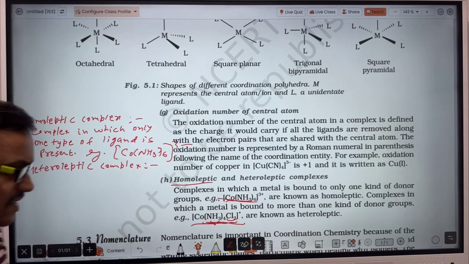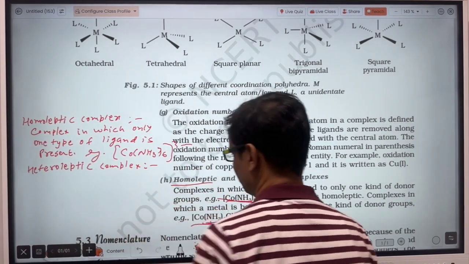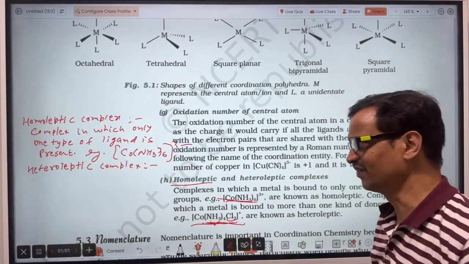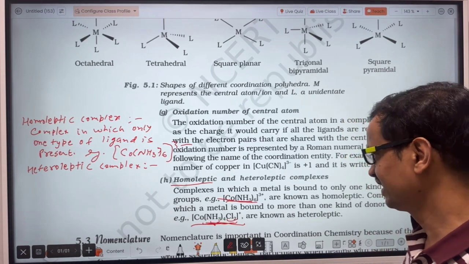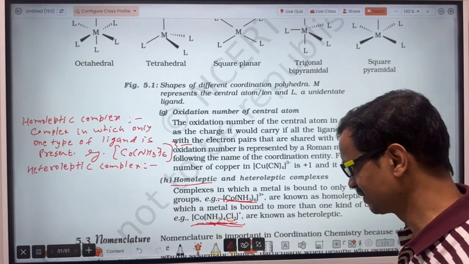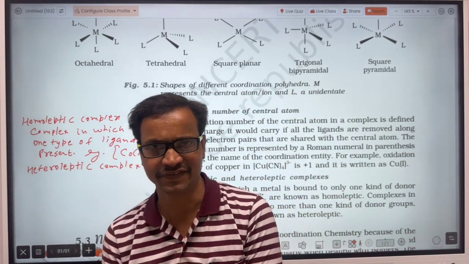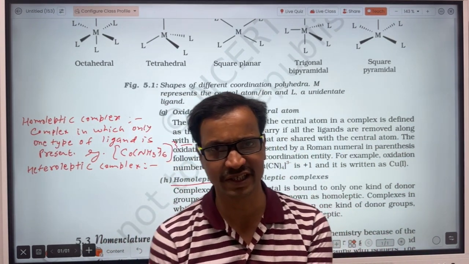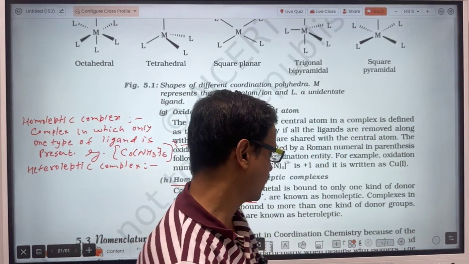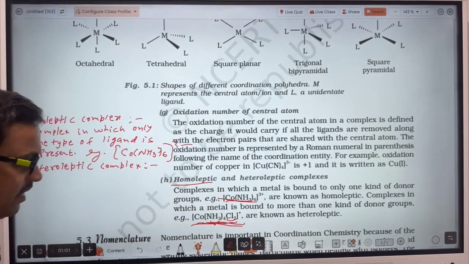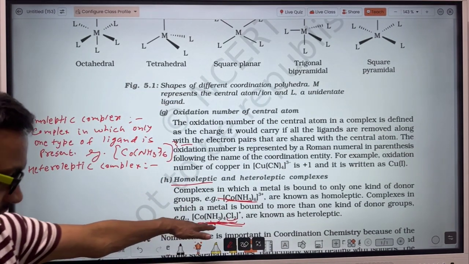A complex in which two or more than two types of ligands are present is called a heteroleptic complex. And the example will be this one.